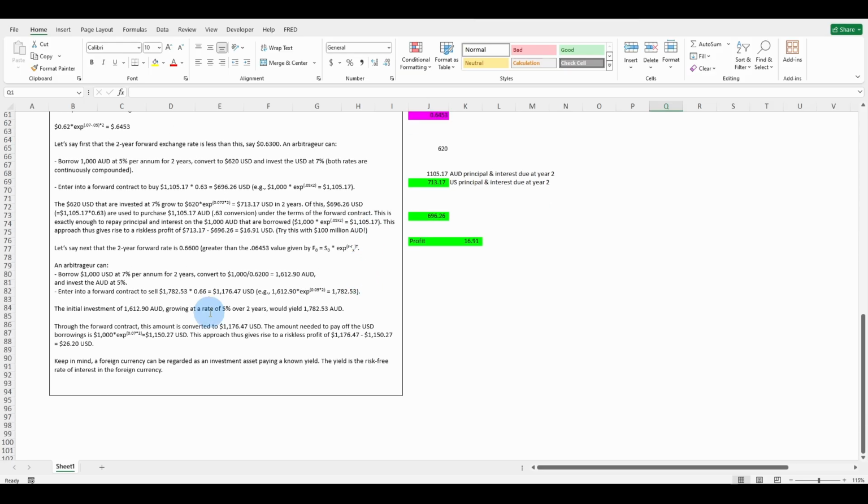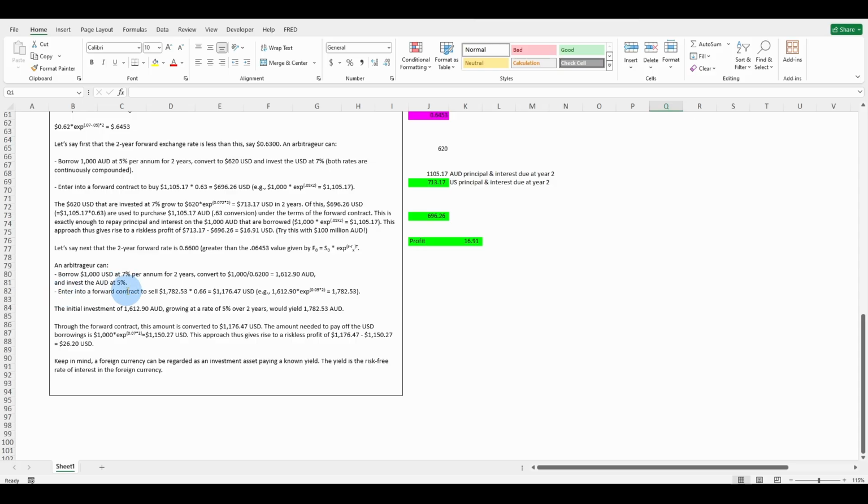Let's say next that the 2-year forward rate is 0.66, greater than the 0.6453 value given by the forward price formula with continuous compounding. An arbitrager can borrow 1,000 US dollars at 7% per annum for 2 years, convert to 1,612.90 Australian dollars, and invest the Australian dollars at 5%.